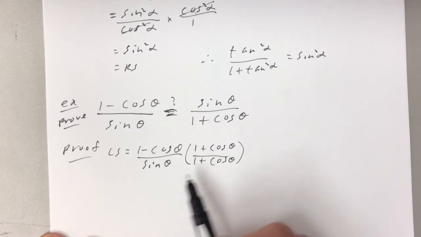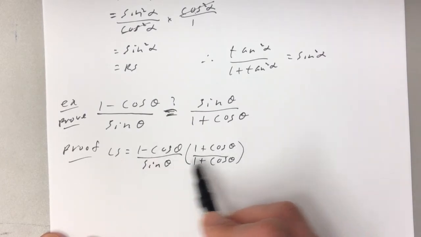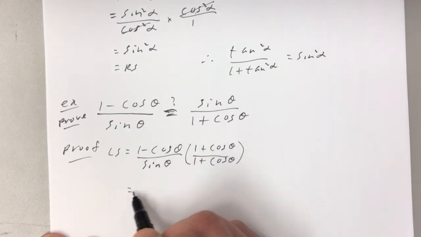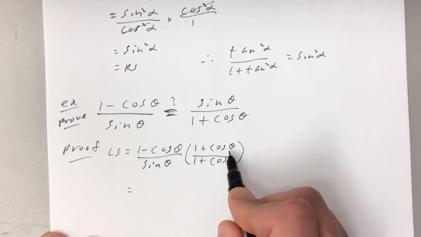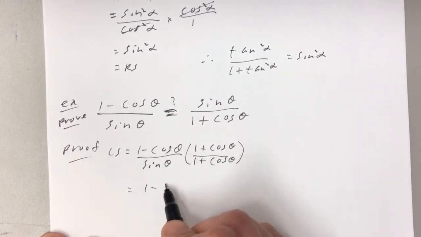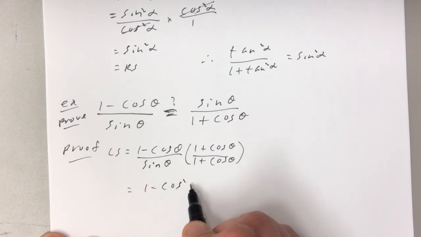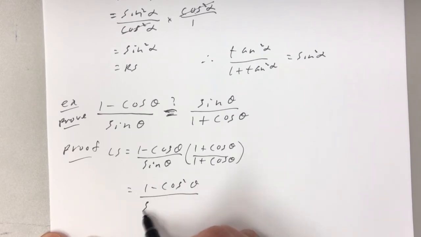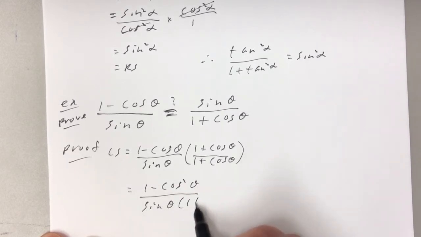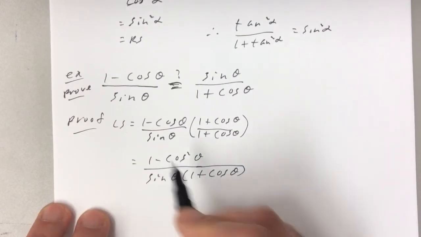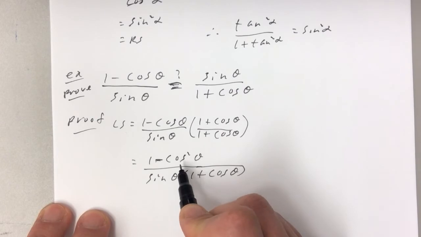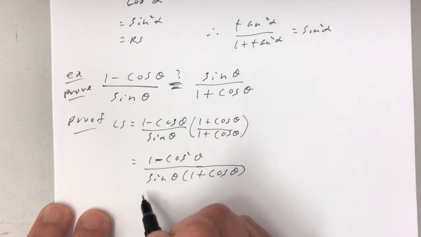And if I do that, then I'm going to be able to change the top. (1 minus cos theta) times (1 plus cos theta) is (1 minus cos squared theta) over sine theta times (1 plus cos theta).